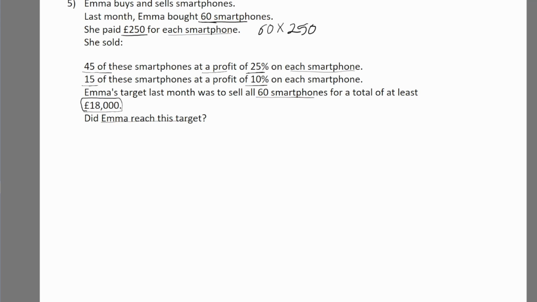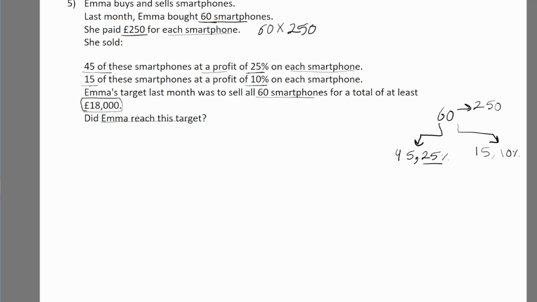So we have 60 smartphones, and firstly she bought them for £250 each. Now she sold 45 of them at a 25% profit. This is an increase. And she sold 15 of them at a 10% profit.